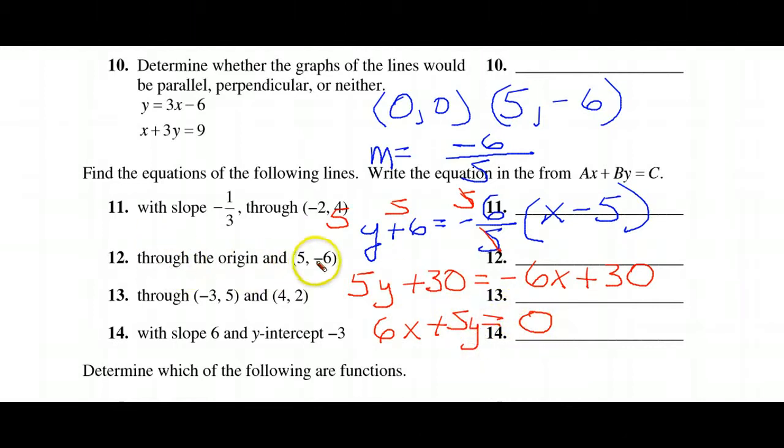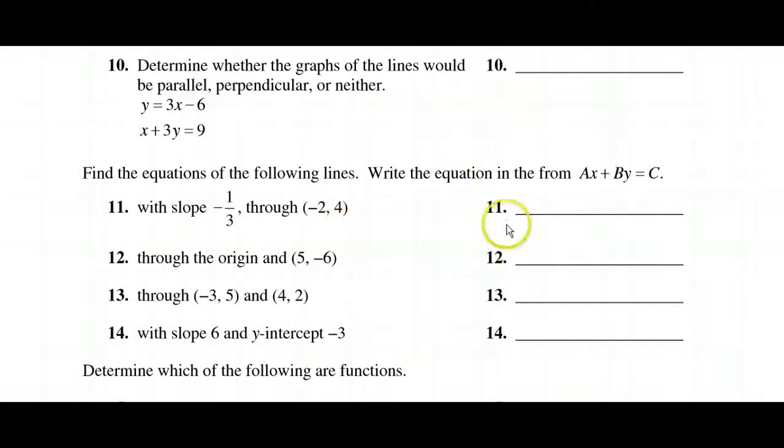That's for number 12. And again, some of these are a little bit tedious, and you have to read it carefully. So here we have this. I'll take you through the whole thing. It's going to be 2 minus 5. We have to find the slope first. 4 plus 3, because there were two negatives there.